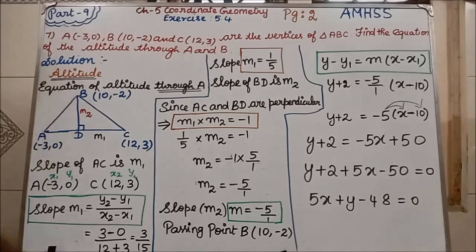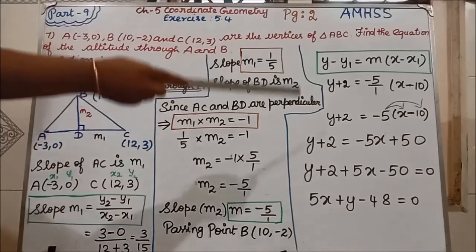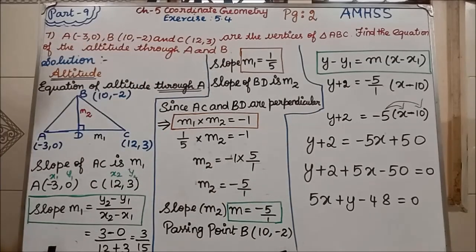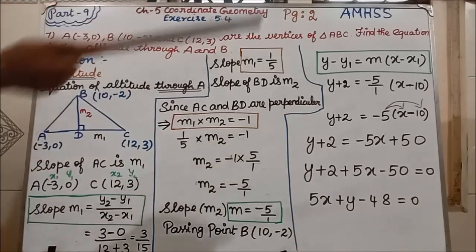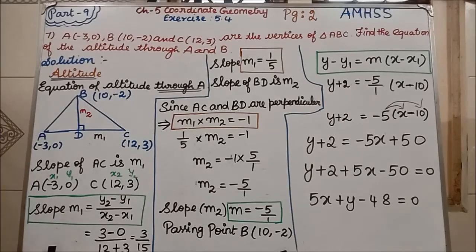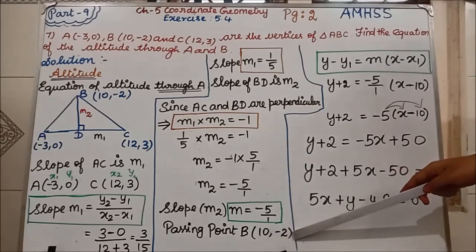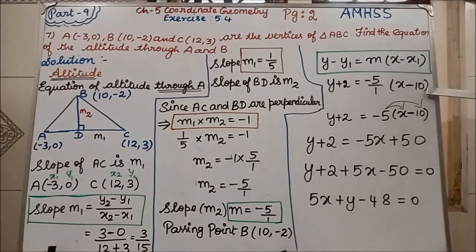Clear? So this is our x1 and this is our y1. y1 is minus 2, and already with the minus in the formula, we get plus 2. m value is minus 5 by 1. The next step, bracket x minus x1, and x1 is 10.